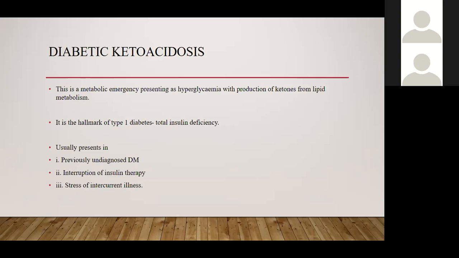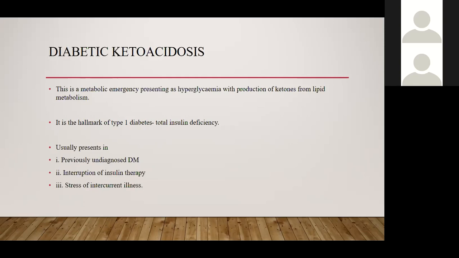It gets to a point where DKA will set in, and then we'll start seeing the clinical features of DKA. Also, you might have a patient who is on insulin, but is non-compliant to the insulin therapy, and so would definitely develop insulin deficiency. And once you are deficient of insulin and you still eat, sugar levels are going to go up and you are going to have issues there.